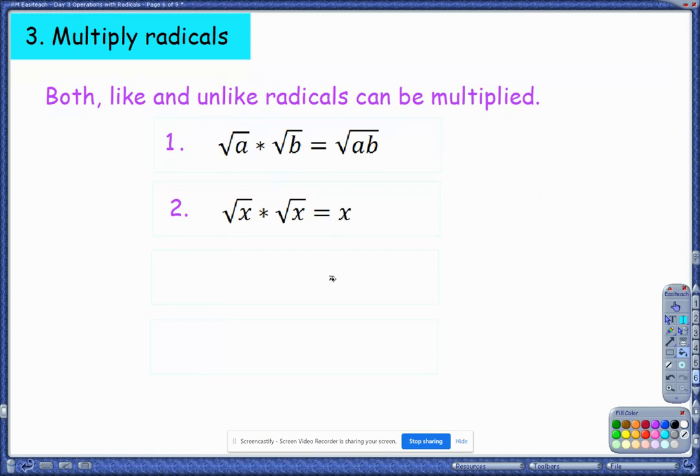So to understand the second one, you need to look at this. Okay. So we have radical 5 times radical 5, and radical 5 times radical 5 is actually radical 25. But you already know that radical 25 is just going to be 5.